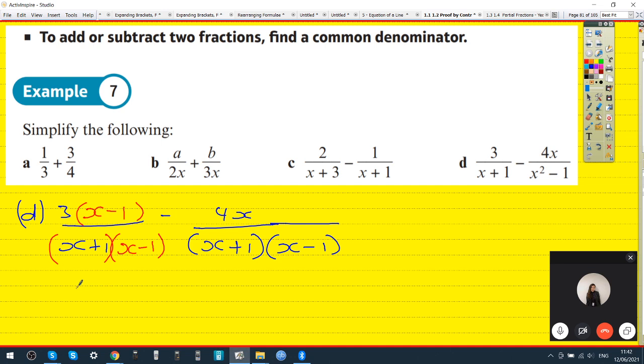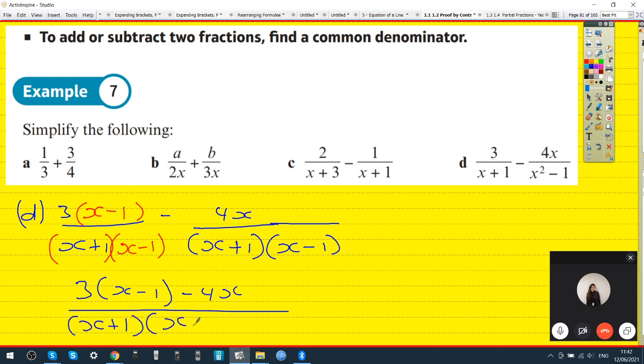Then you can bring it to make one fraction. Well done. Go on. And then the x minus 1 cancels out. Are you sure it doesn't? There's a plus or minus between. Oh, yeah.